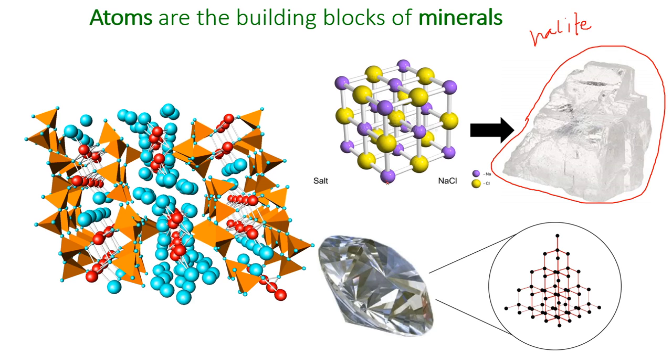And you notice that the sodium and the chlorine are in a very specific orderly arrangement. I talked about how the universe is an ordered place, a cosmos, in the first lecture, and I don't think that's more clear anywhere else than in minerals. Minerals are highly ordered, highly arranged in terms of their interior atomic structure.